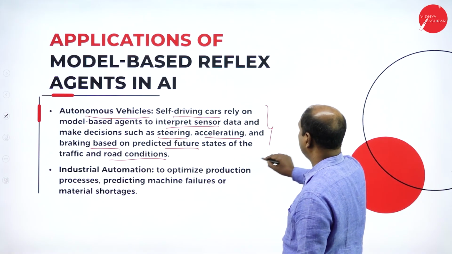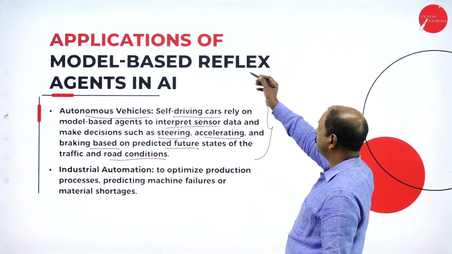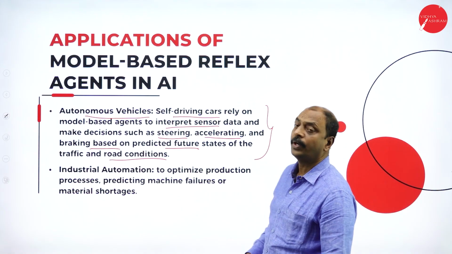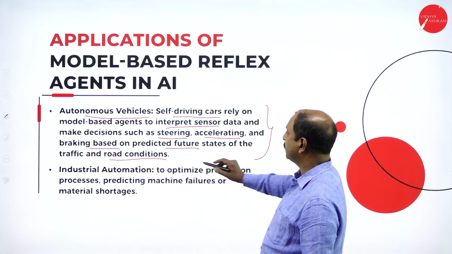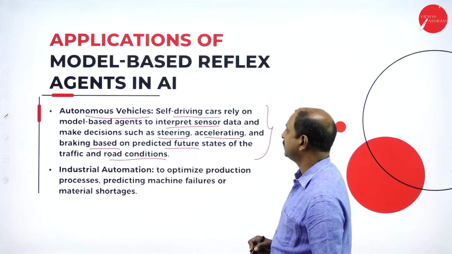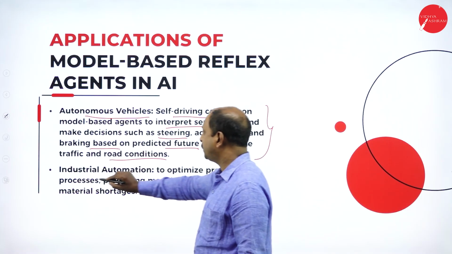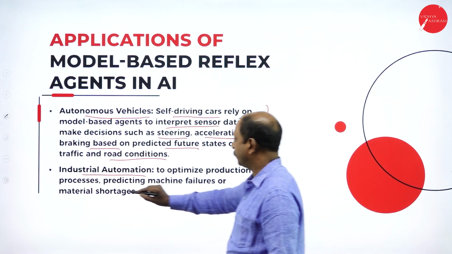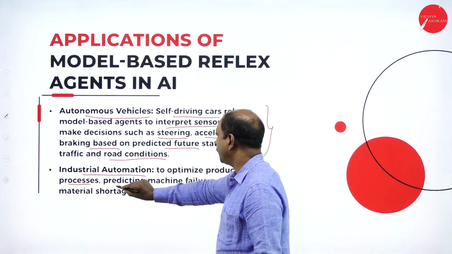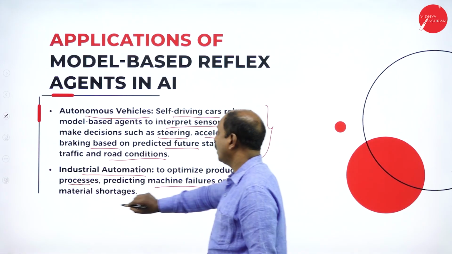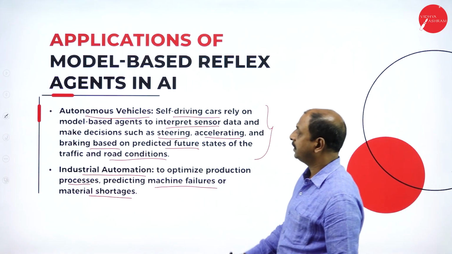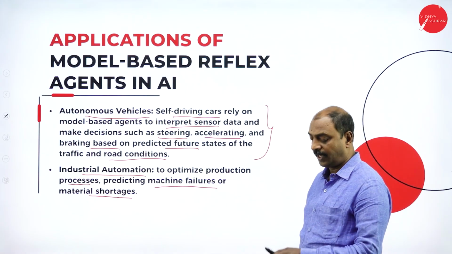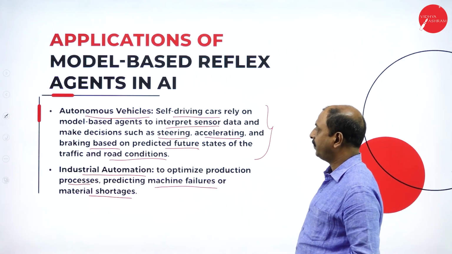So this is another important application of the model-based reflex agent. It is going to work based on the predefined models. Next one is industrial automation, to optimize production processes and predict machine failures or material shortages. See, these are all the industrial applications of AI or the model-based reflex agent.